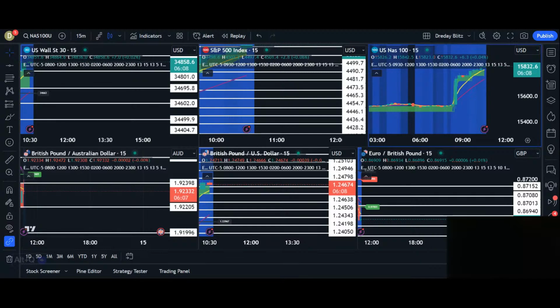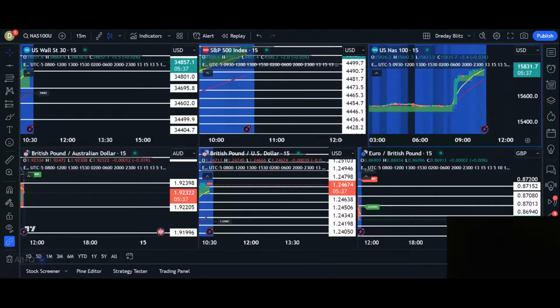You need to be using Forex Factory, which will give you in-depth analysis of the market, and make sure to look at the red folder news. Those are the high impact news before the week starts, and that will give you some indication of where you're expecting the price to go.